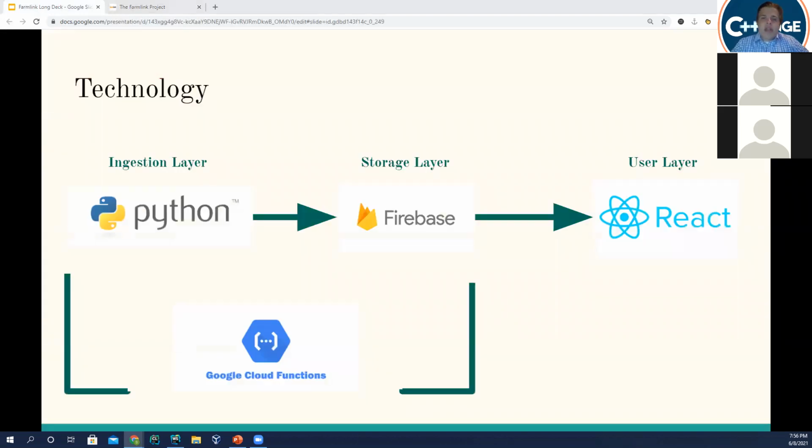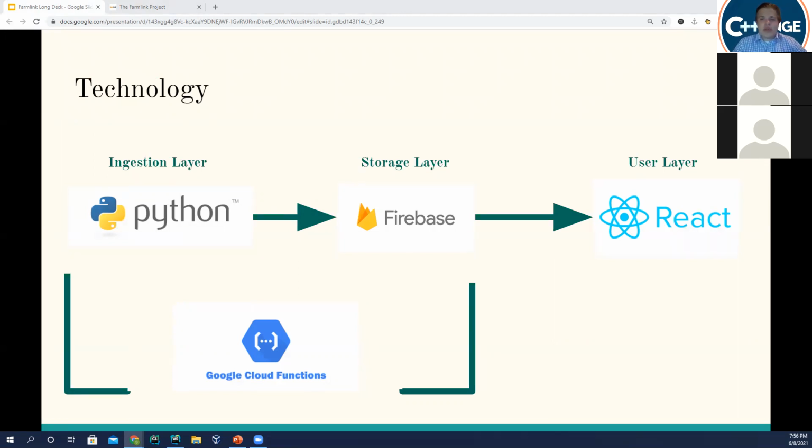So here's the tech stack we ended up going with, and I'll go into a bit of detail on the role each technology played, as well as the big decisions that were made for certain technologies. On the back end, we have a Python scraper that goes through the USDA website and pulls the most recent week's produce data from each region and calculates percent changes for each item.